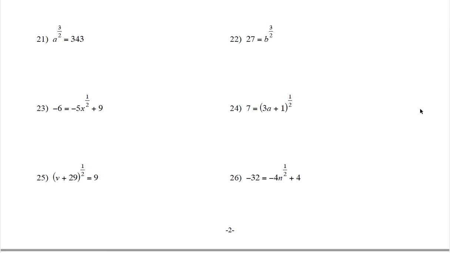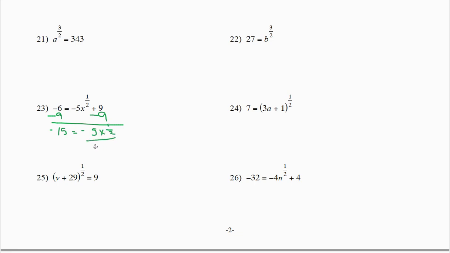What about these more complex equations? So the first thing you have to do is get the radical on one side by itself. So if you notice, the radical was on one side by itself with all the previous examples. So we're going to subtract 9 from both sides. That's going to give us negative 15 is equal to negative 5 x to the 1/2.